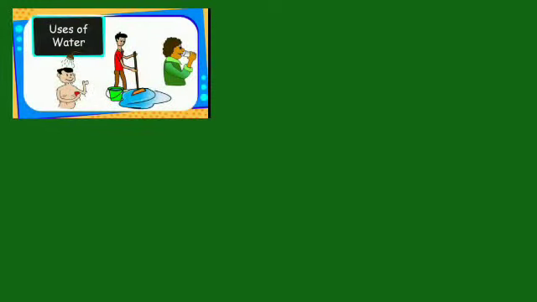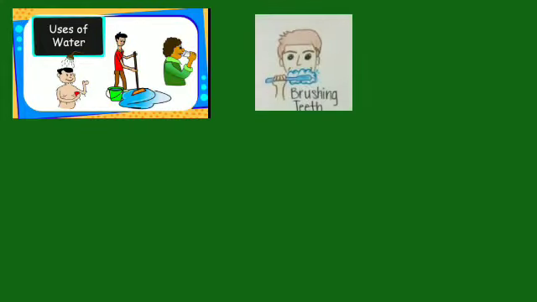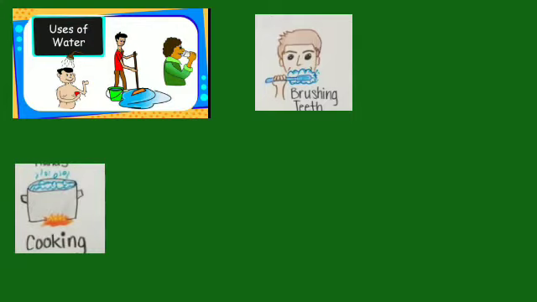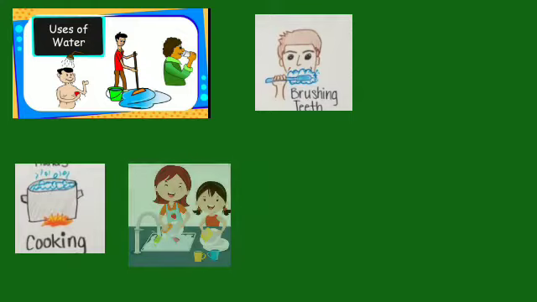Now let us know about the uses of water in our daily life. How do we use water in our life? We use water for brushing our teeth, right? And also for cooking. And after cooking and after having meals, we need to wash these utensils, right? So we need water to wash utensils. Fine.